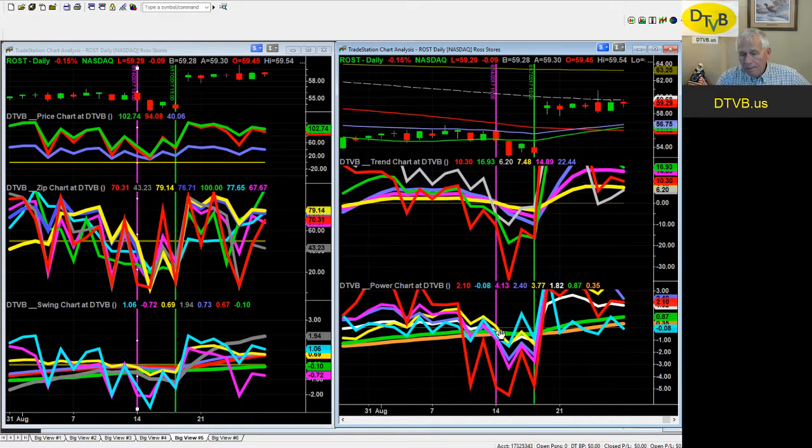And one of the primary supporting evidences on the pink vertical line day is that power yellow is highest and going down, along with zip yellow highest and going down. And again, those are yellow twins. And when they're highest and going down, you're in a downtrend. When they're lowest and going up, you're in an uptrend.